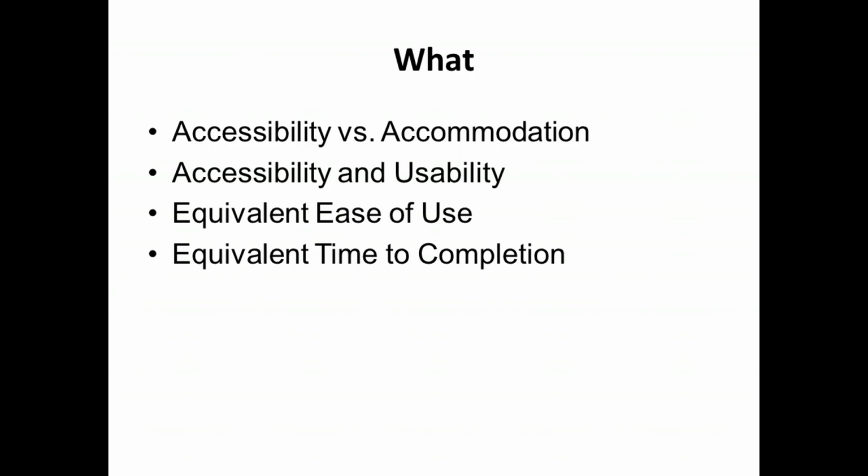Now, of course, when we talk about disabilities and people accessing the web, we're talking about people who can't hear, so the need for captioning and transcripts. We're talking about people with motor impairment that may not be able to control a pointing device accurately.